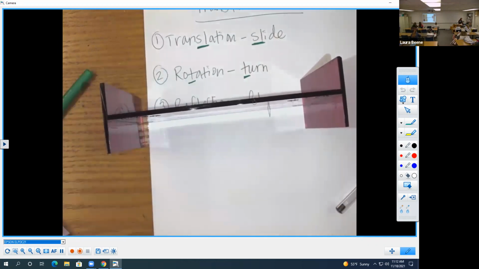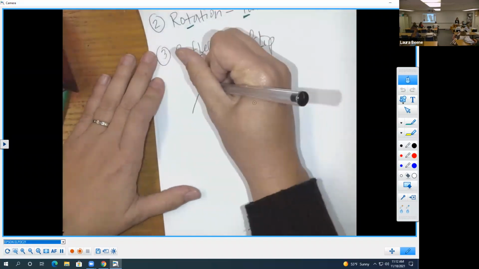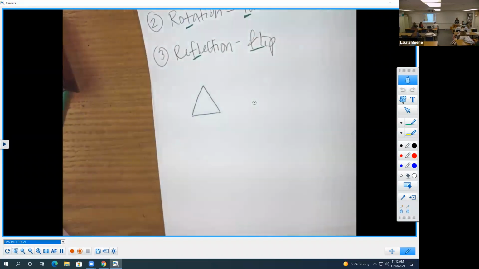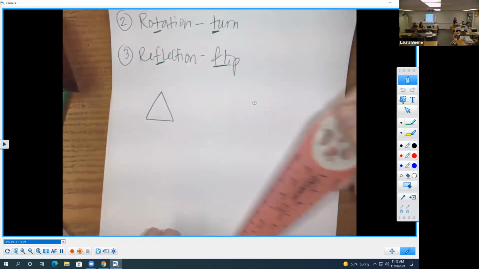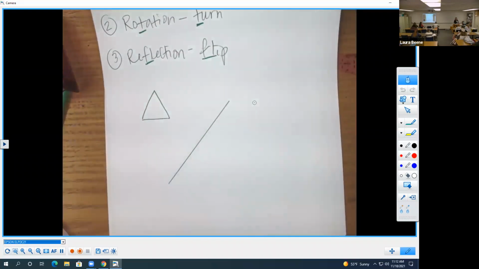So for example, let's draw a random triangle on the page. Any triangle, doesn't matter what it looks like. And then I want you to draw a random diagonal line on your page somewhere. Doesn't matter.